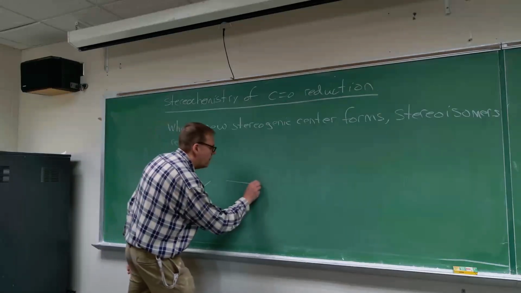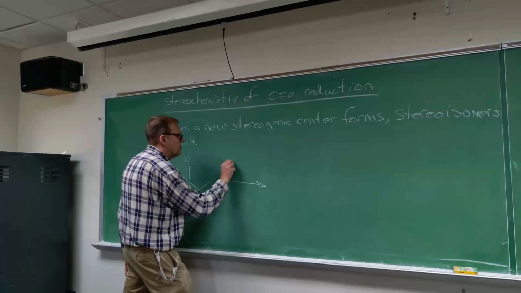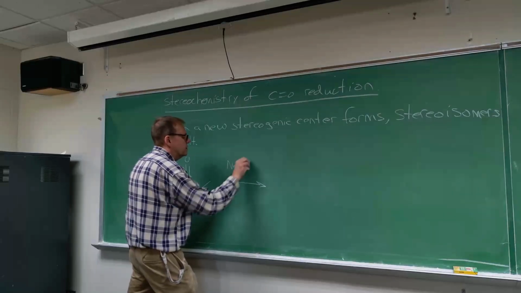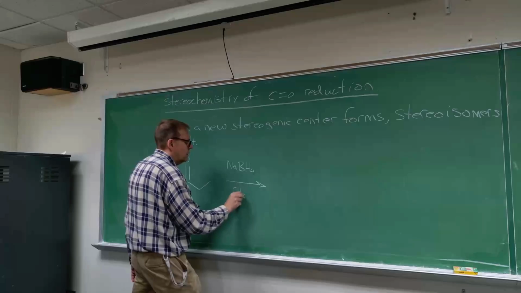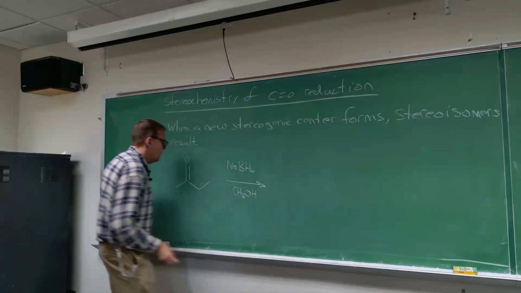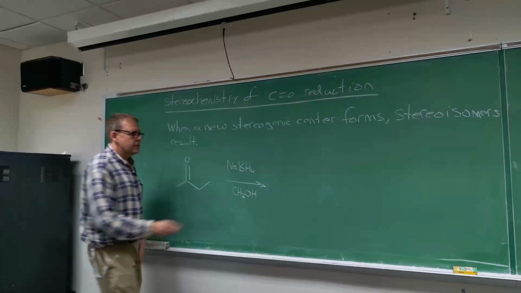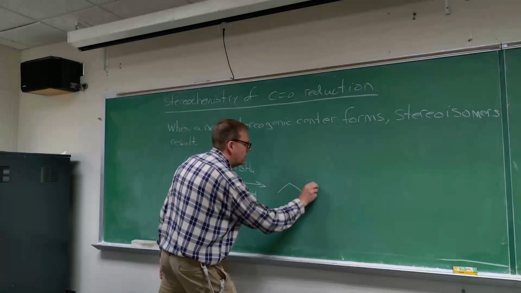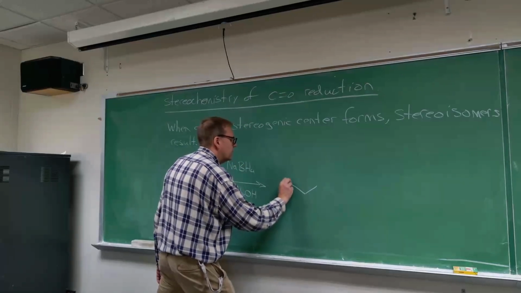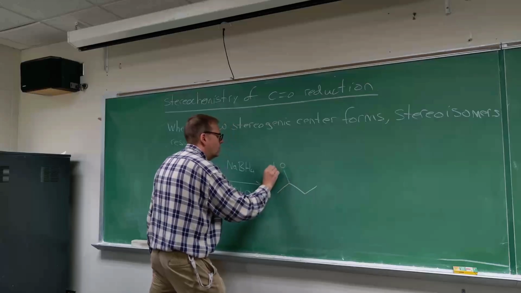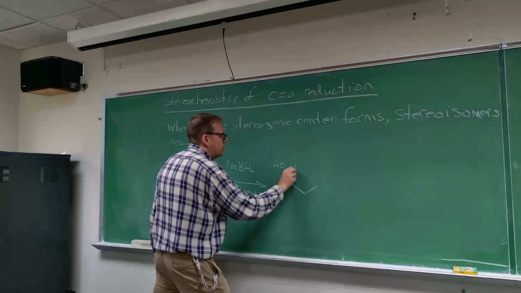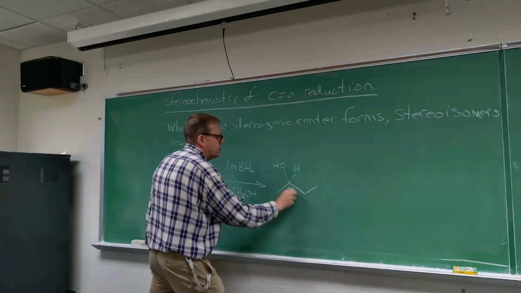If you use sodium borohydride, NaBH4, with CH3OH as the solvent, we're going to get a new H there, and the connectivity is going to look like this. We're going to have an OH there and an H here, but that's a stereogenic center.